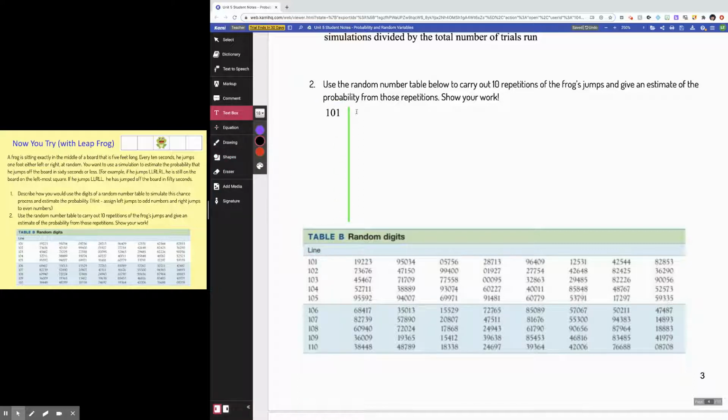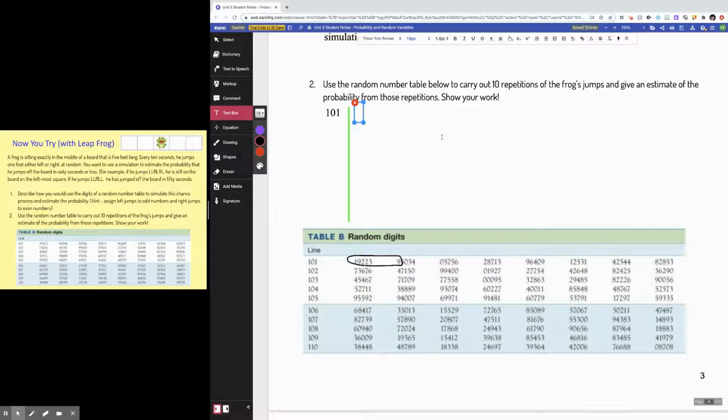The first 6 digits of line 101 are right here: 192239.